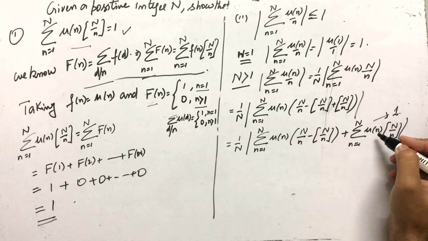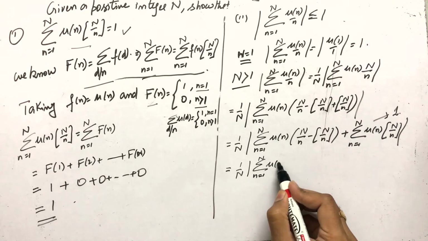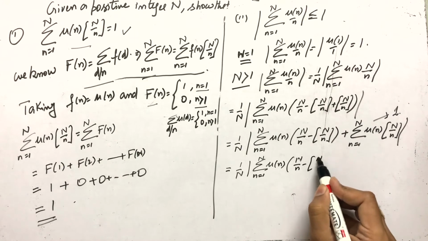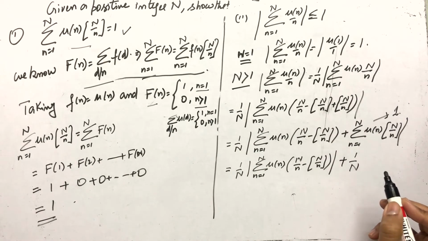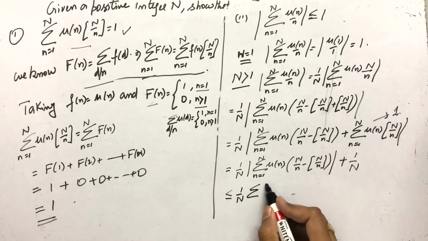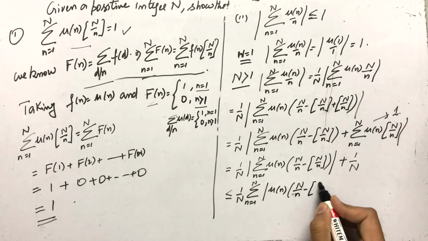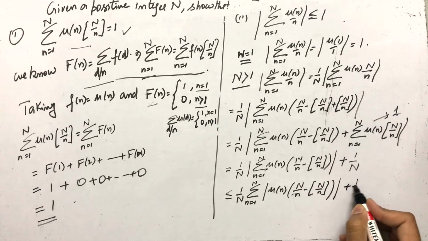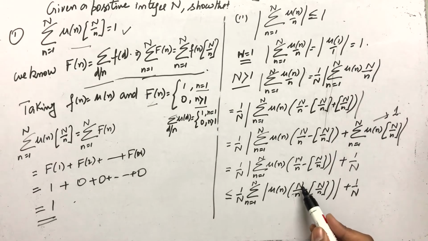So putting its value from here, we are left with 1 by N mod of the summation n from 1 to capital N of mu(n) times N by n minus the greatest integer of this, and here we have 1 into 1 by N, that is 1 by N. And at the next step, we can easily write the property of mod, that this is less than or equal to 1 by N summation of n from 1 to capital N of mod of mu(n) into N by n minus this, plus 1 by N. And as we already know, when n is equal to 1, this will be capital N minus the greatest integer of capital N, which is N. So this will cancel out for n equal to 1.